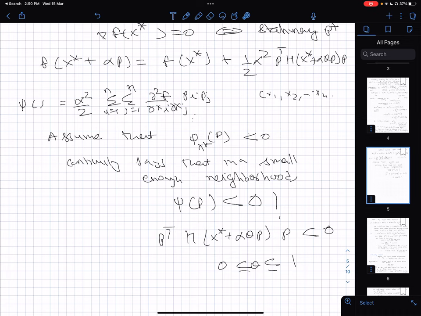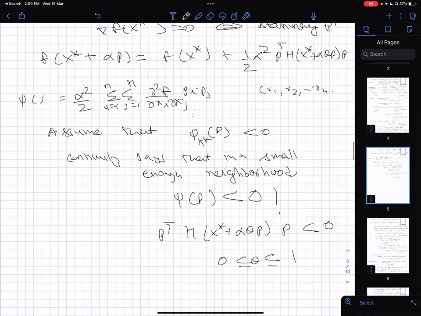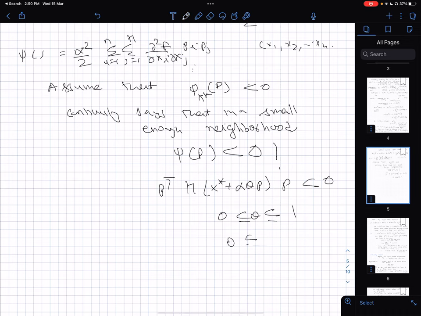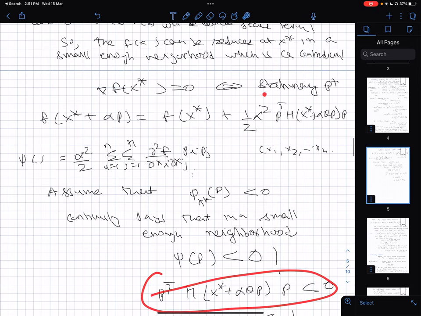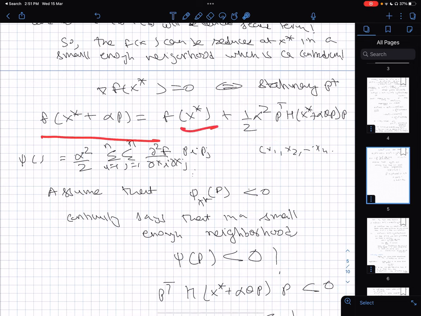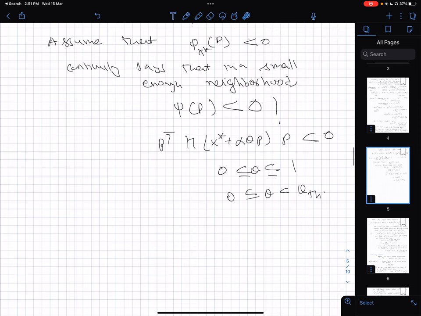So, provided that theta is below some threshold, we will be able to make sure that this is negative, which again means that this function will decrease, which is a contradiction to the fact that at x star we have a local minimum.